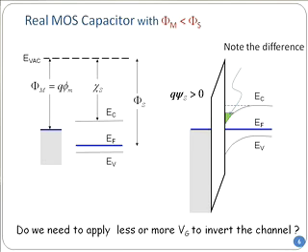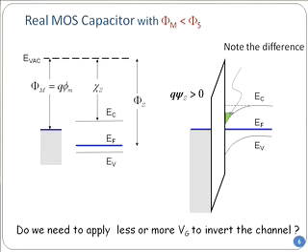Now, let's ask ourselves this question. If I now start applying a gate bias, I want to invert this transistor. Do I need more or less gate voltage in order to invert it? You can almost clearly see that you might need a little less.